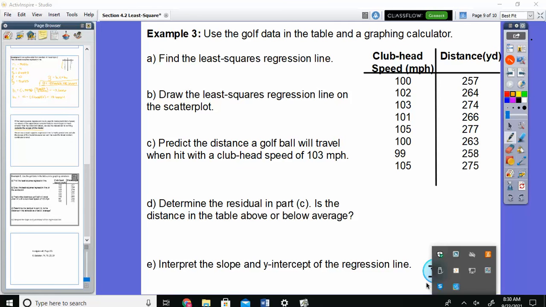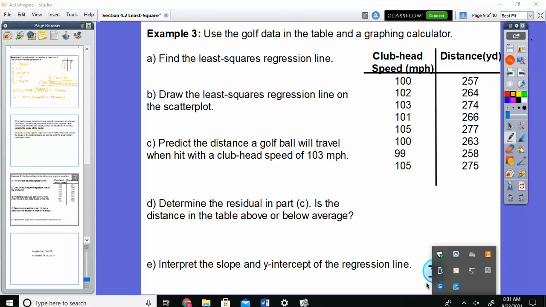Alright, anybody else having trouble? Make sure your plot number 2 is turned off for me.